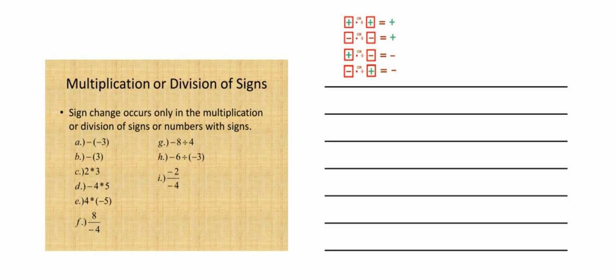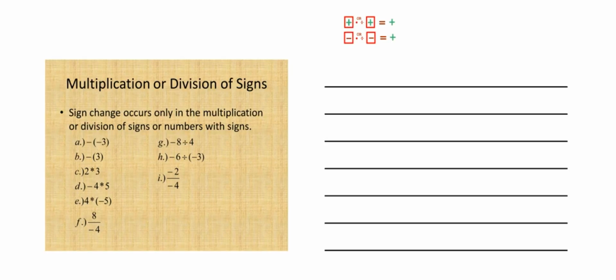So probably the easiest way to remember this is that if you have two numbers that are positive and multiplied or divided, the answer is a positive. Two numbers that are negative being multiplied or divided will give you a positive.